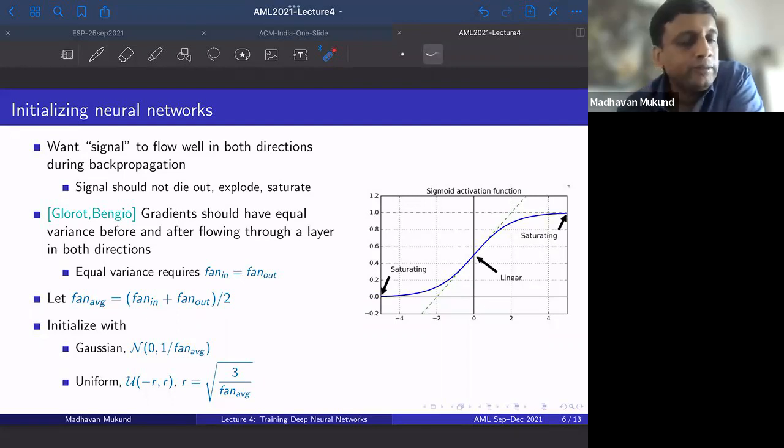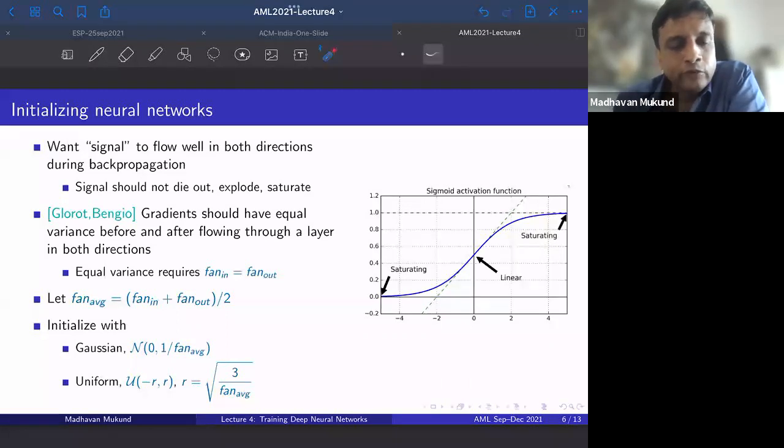So the fan out is going to be typically more than 1. So therefore, this is going to be a smaller variance than the original thing. And this is the case if you're using a Gaussian, but there is no requirement actually to use a Gaussian as the random function. So if you use a uniform distribution, for example, then you might want to choose the range of the uniform distribution.